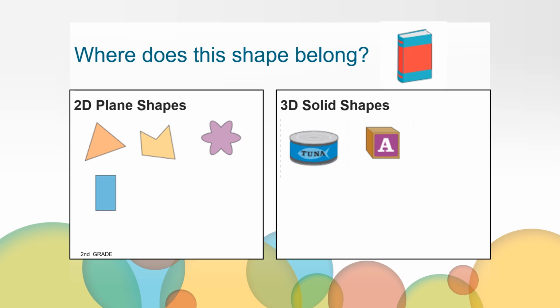Where does this shape belong? Is the book a plane shape or a solid shape? How do you know? The book is a solid shape.